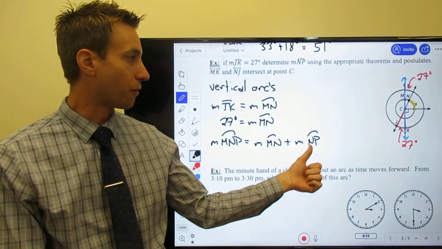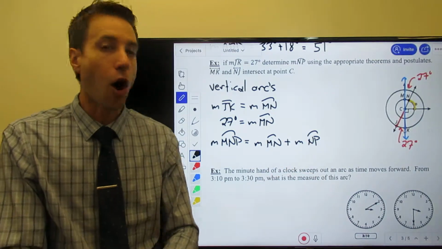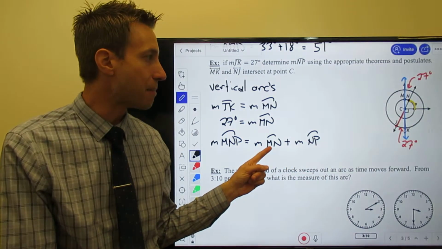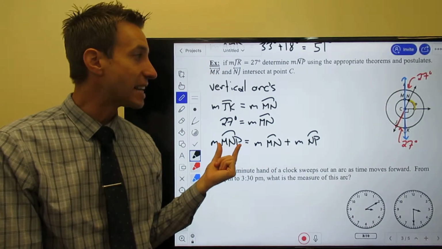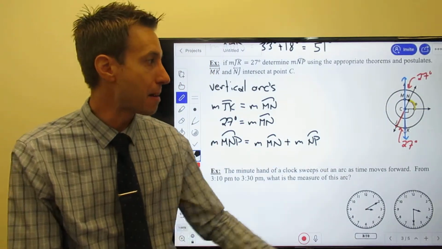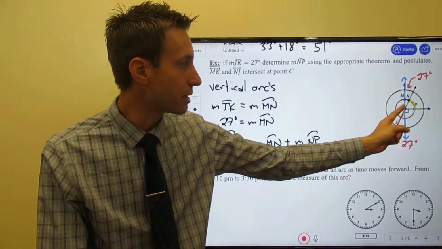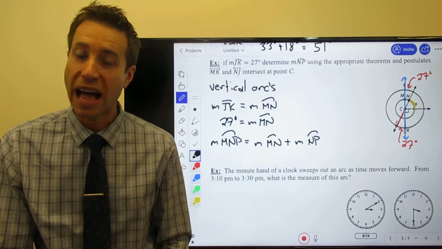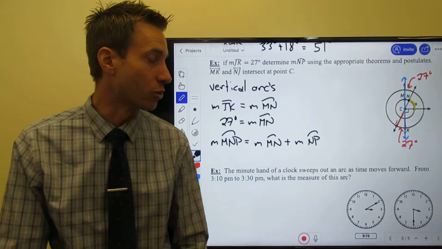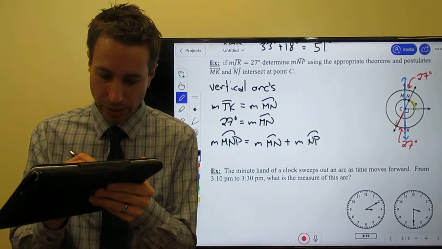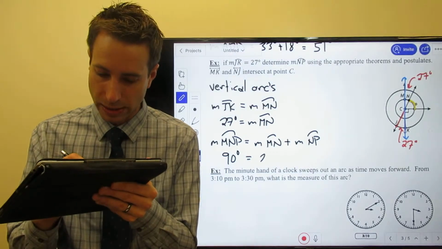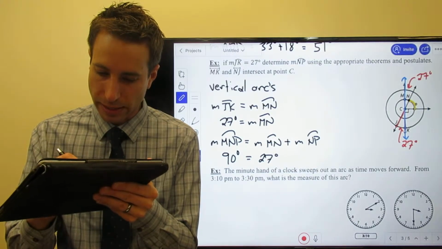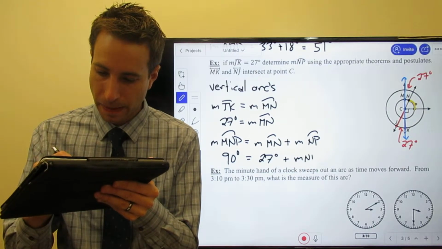But I'm looking for NP. I already figured out MN. I know MN is a vertical arc with JK, so that's easy. What is MNP? Well, MNP is 90 degrees. So I know that 90 degrees is equal to 27 degrees plus NP.